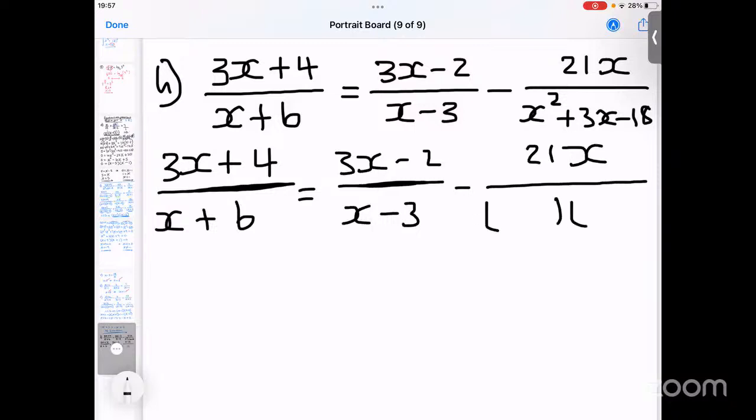When you factorize that, you end up having x, and then what are you going to get? What will be the factors that make 18 and give us 6? What will be the factors for 18? Plus 6 and minus 3.